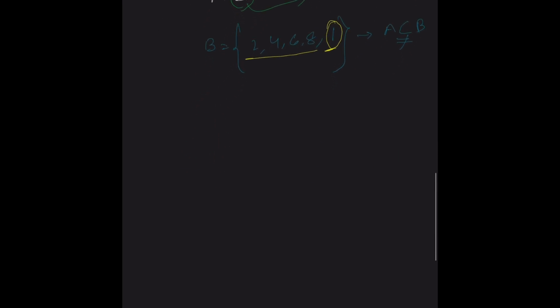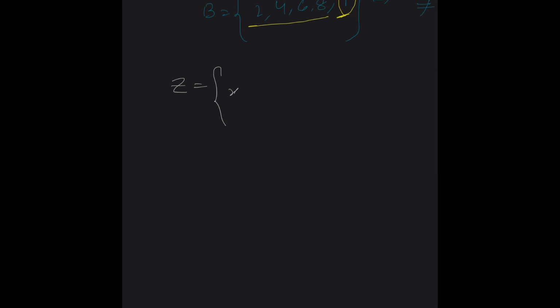Also, there is a set called the empty set. An empty set is when there are no elements in a set. For example, say Z is a set where its elements X belong to, or are elements of, the natural numbers.